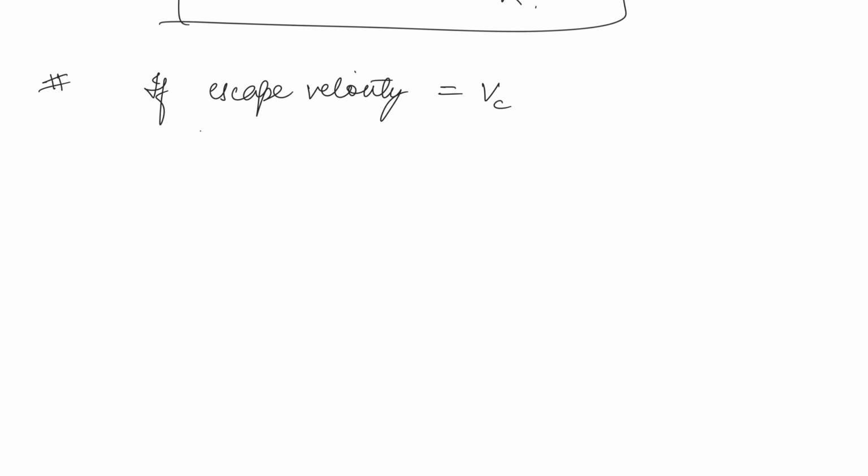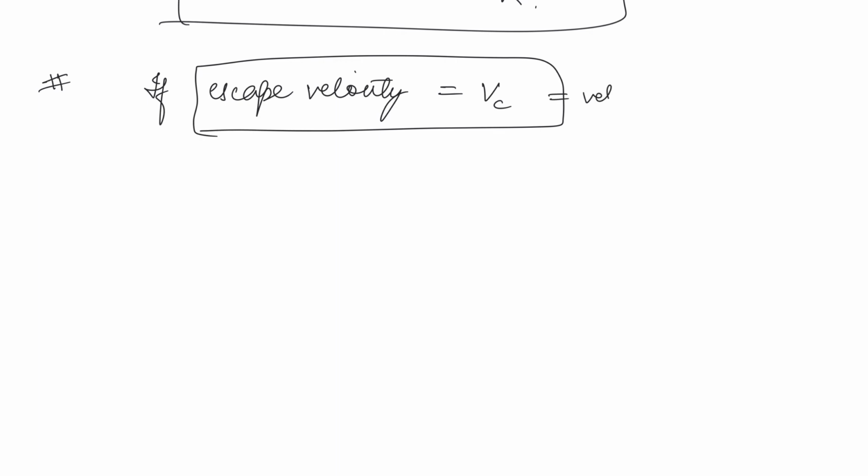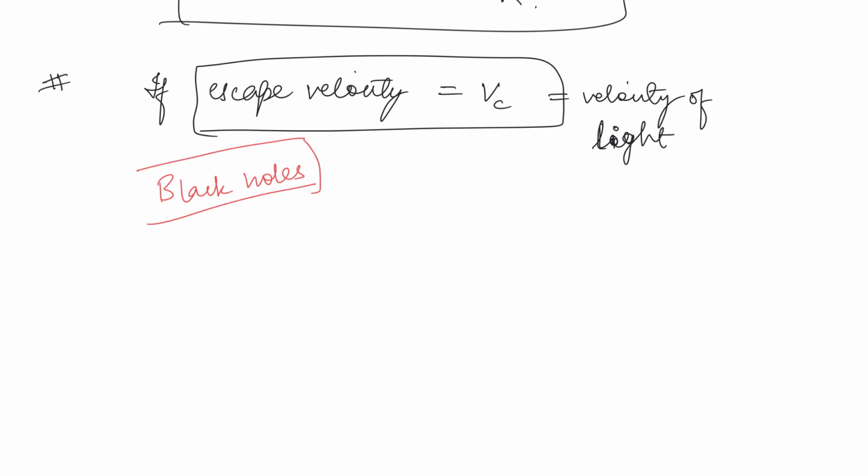So as in the case of black holes, the escape velocity equals the velocity of light. That means the gravitational pull of black holes is so strong that even light cannot escape from it.